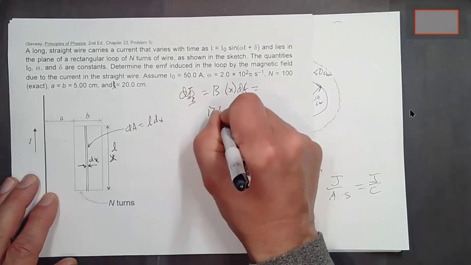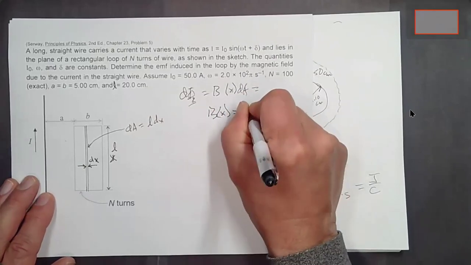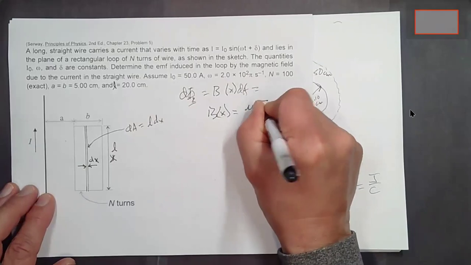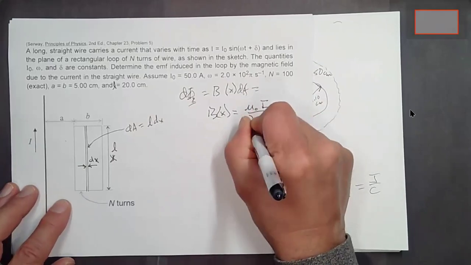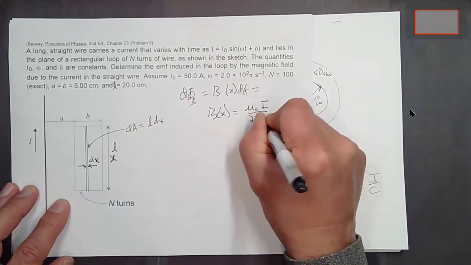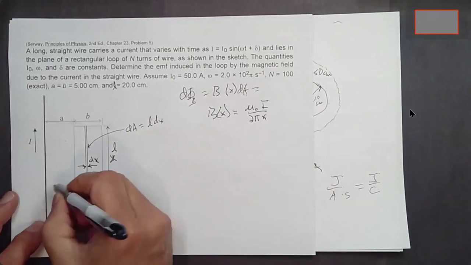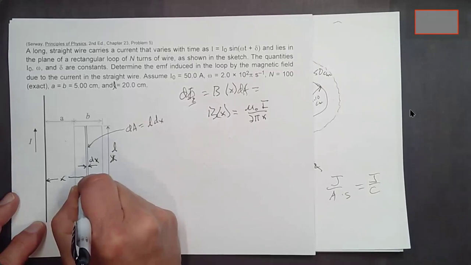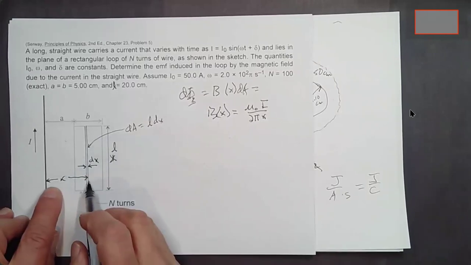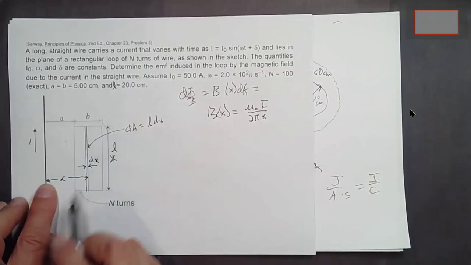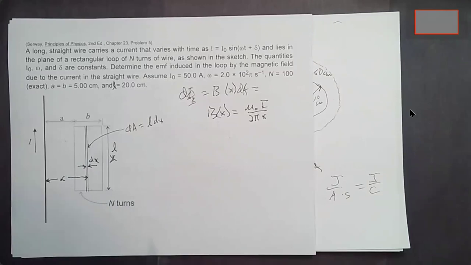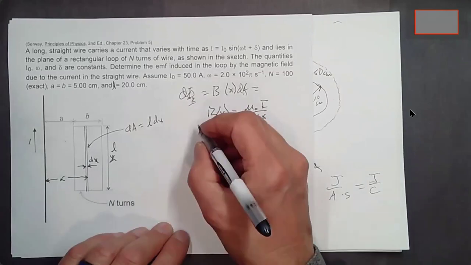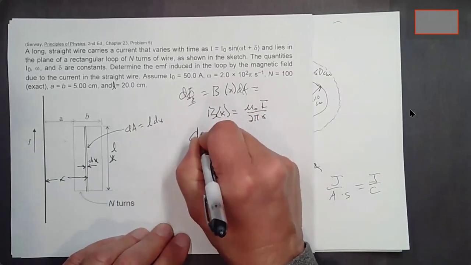B of x will equal mu naught I divided by 2 pi x, where x is the distance that we are away from the wire.